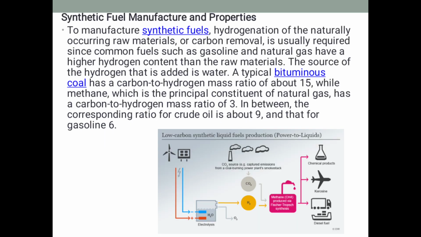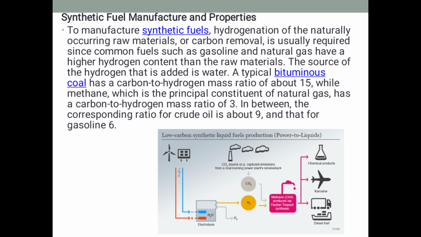Synthetic fuel manufacture and properties. To manufacture synthetic fuels, hydrogenation of the naturally occurring raw materials or carbon removal is usually required. Since common fuels such as gasoline and natural gas have a higher hydrogen content than the raw materials, the source of the hydrogen that is added is water.